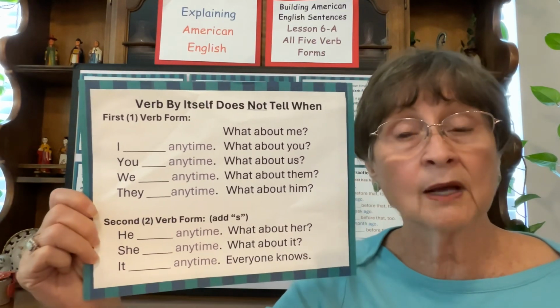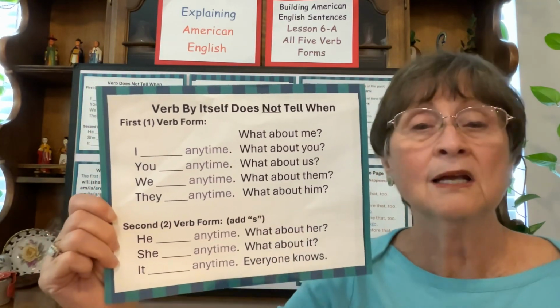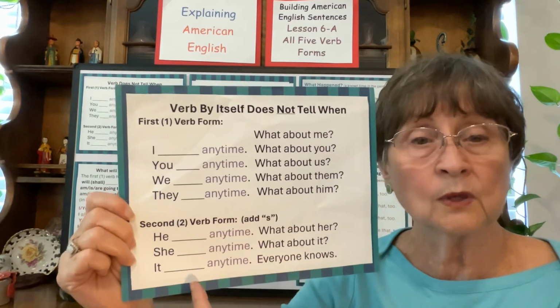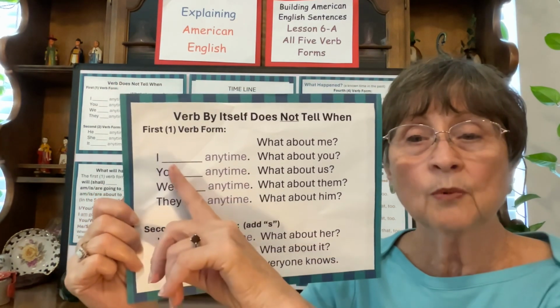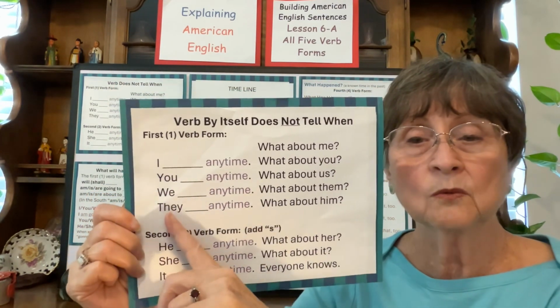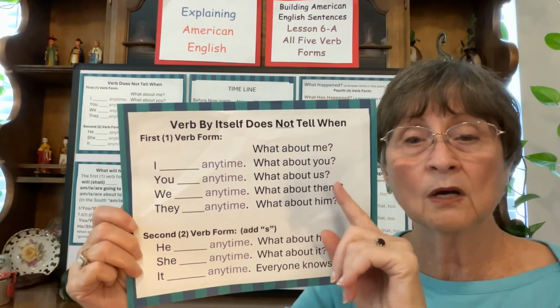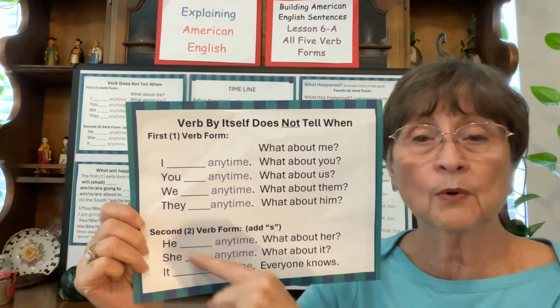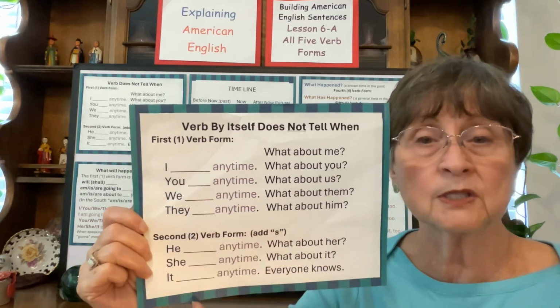And we practice it in my class by reading this. Students read it out loud to me using a different verb each week. So this also practices the pronouns I, you, we, they, me, you, us, them, him, her, it, he, she, it. We get all of the pronouns along with the verb study.